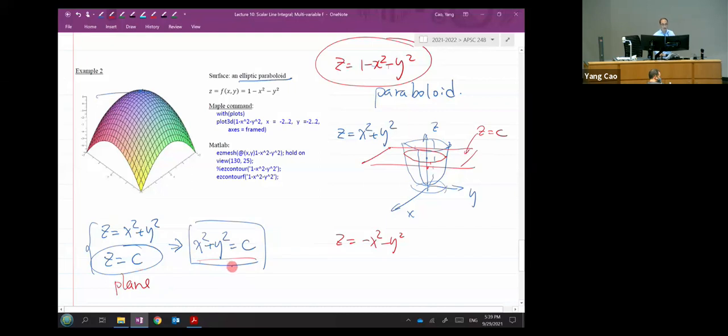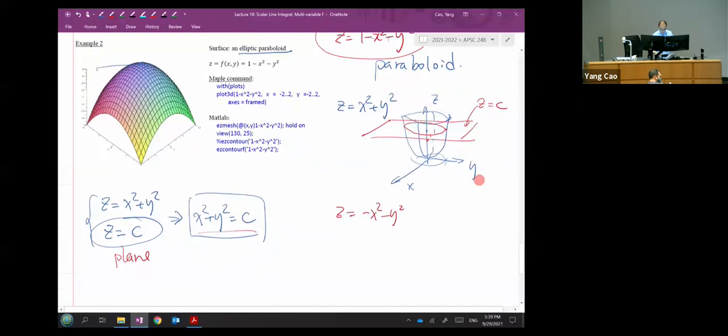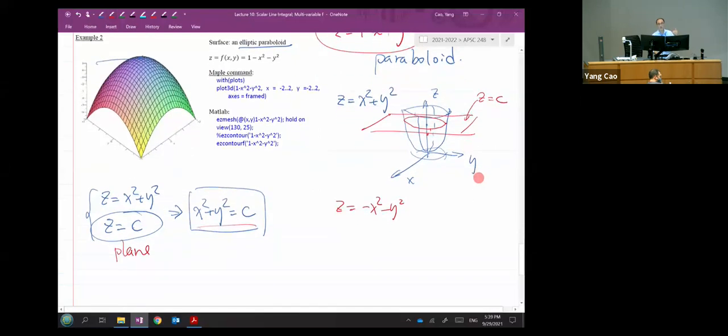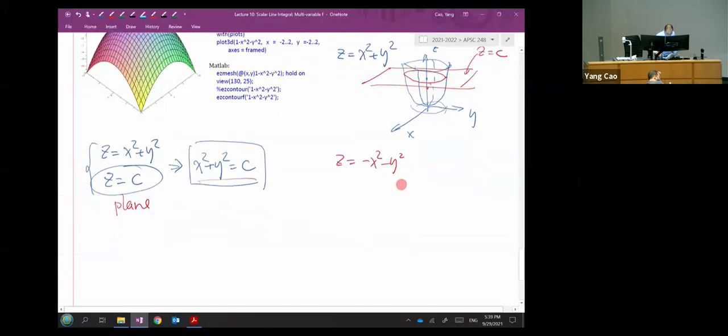So this paraboloid basically is a whole bunch of circles on top of each other. And later we're going to learn that we call this a so-called contour, a cluster of contours for the current surface. Okay, so that's the second example.